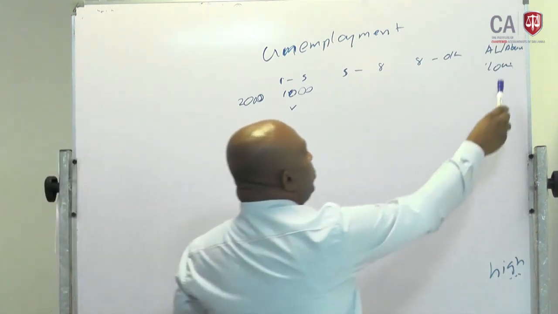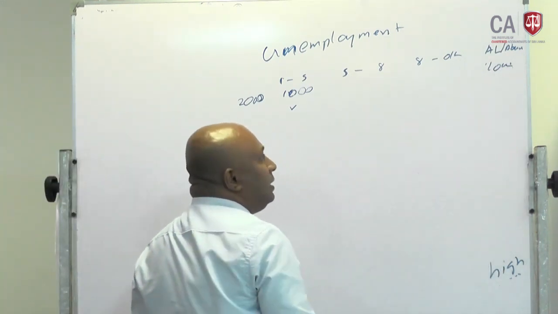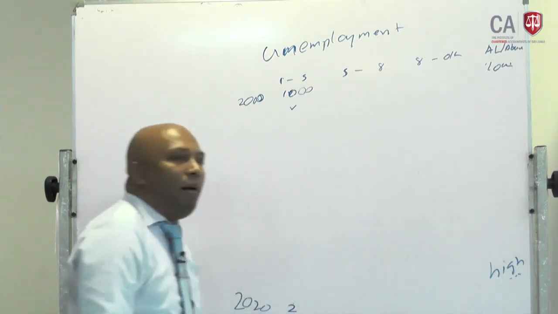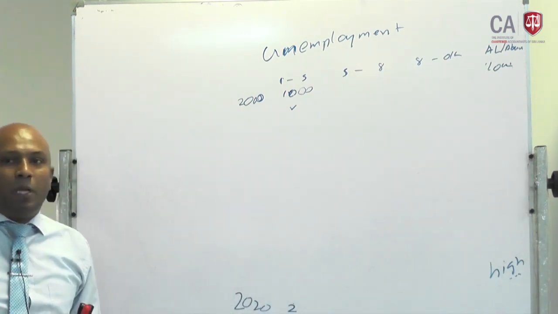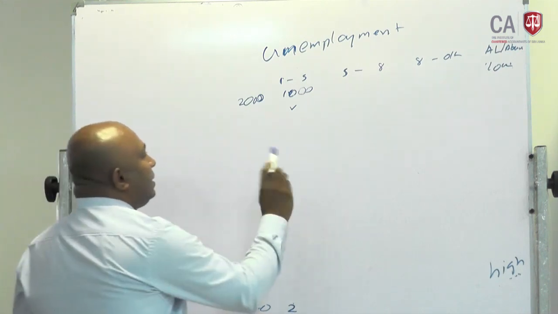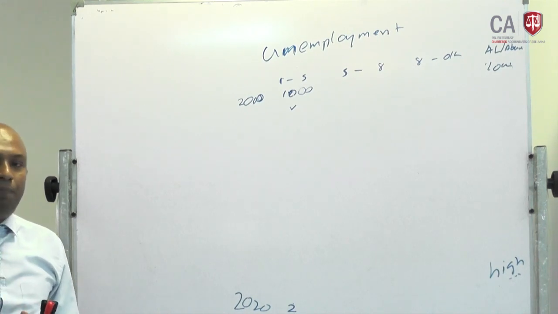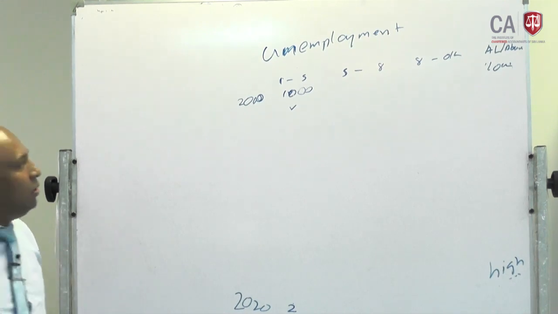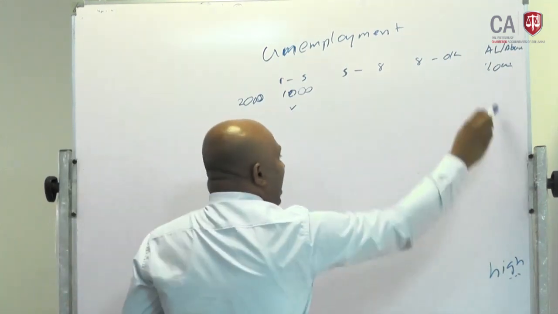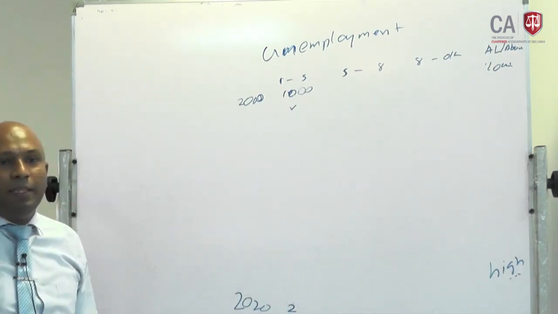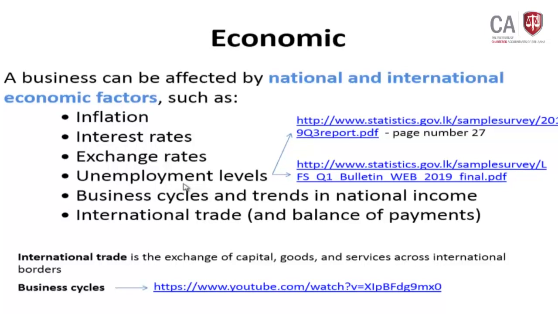And also those who have done the degree levels, more than the degree and masters, now the unemployment rate is going up. So what you have to gain from this explanation is, when you are doing business, you can consider these factors. There is much more unemployment. So when the organization is doing the products, when they are dealing in the market, those things can be analyzed.